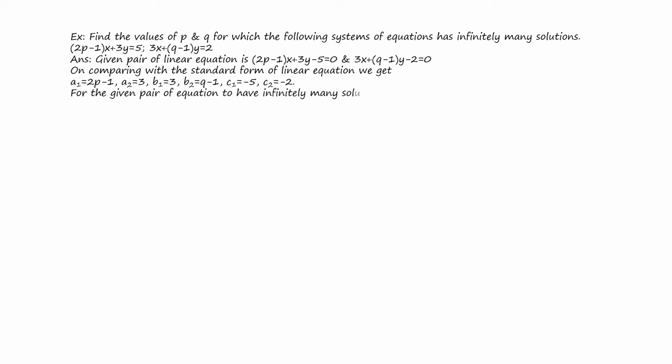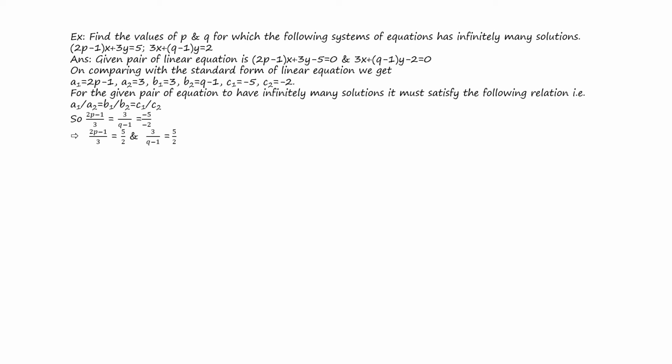For the given pair of linear equations to have infinitely many solutions, it must satisfy the following relation. That means a1 by a2 equals b1 by b2 equals c1 by c2. Let's put the values. So (2p minus 1) divided by 3 equals 3 by (q minus 1), which is equal to minus 5 by minus 2. So we can write it as (2p minus 1) divided by 3 equals 5 by 2, and 3 by (q minus 1) equals 5 by 2.